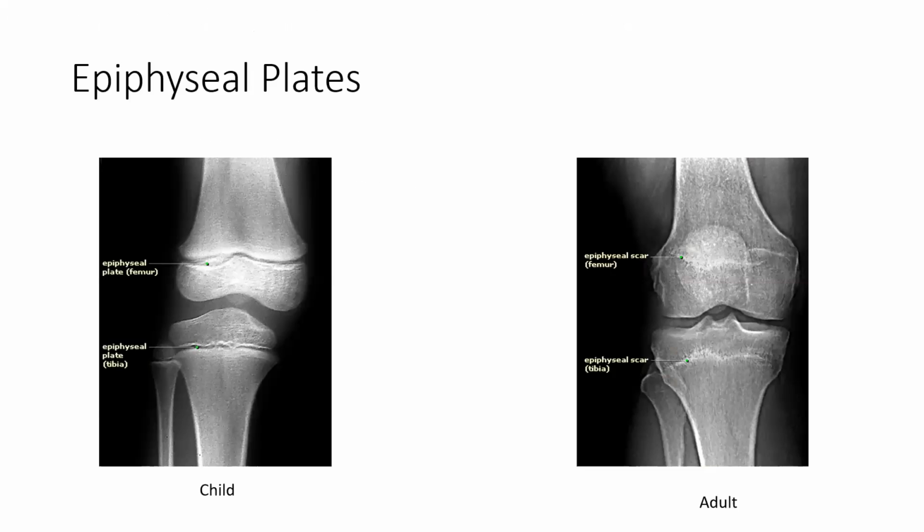Okay, now this is the epiphyseal plate right here. If we look at an X-ray of a child's femur and tibia, you can see a black line across there at the end of the femur and at the top of the tibia. That black line is there because that's where the hyaline cartilage is. Hyaline cartilage doesn't reflect X-ray.